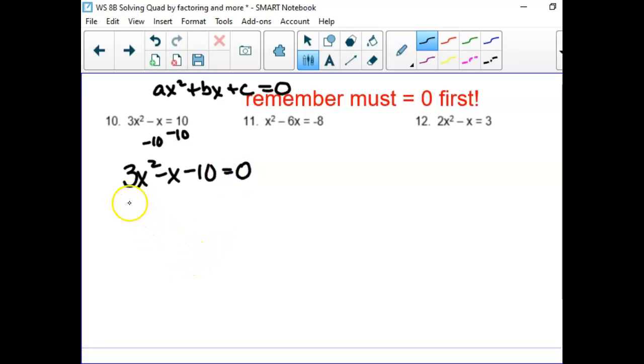Okay. To get a 3x squared, this is where some of you struggle with the factoring. I know. Take your time. 3x squared would be what? 3x and a 1x, right? That's not too bad. What do you want to try to get a 10? 1 and 10 or 2 and 5?